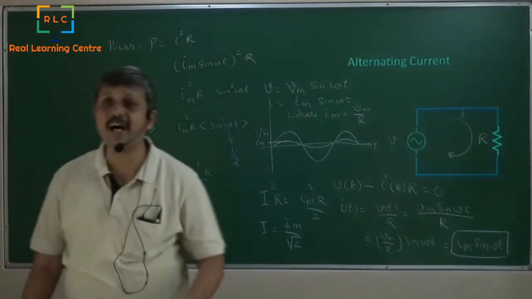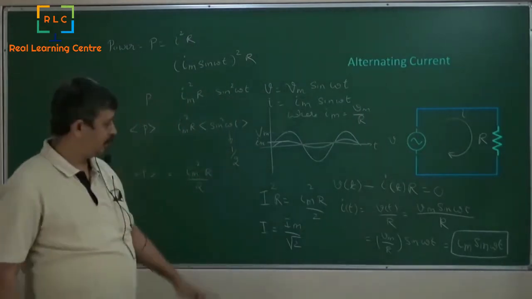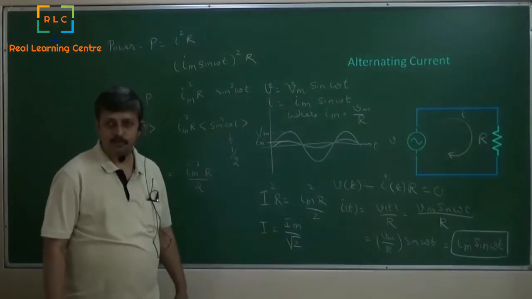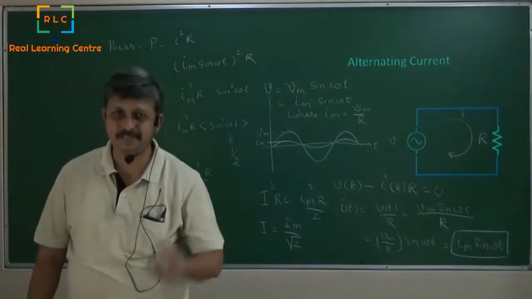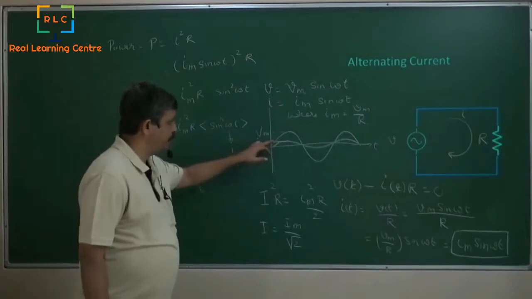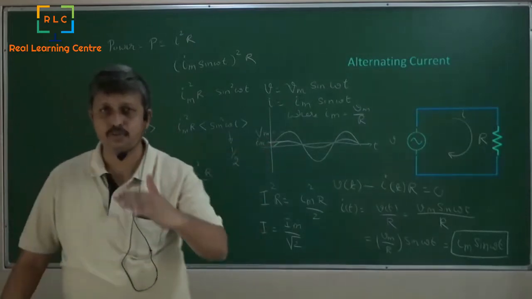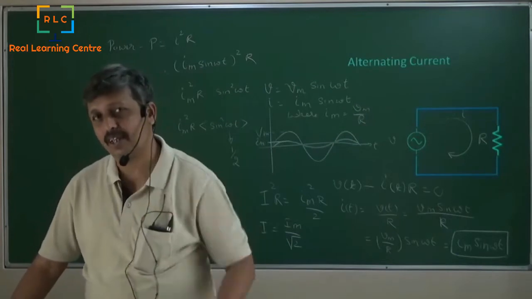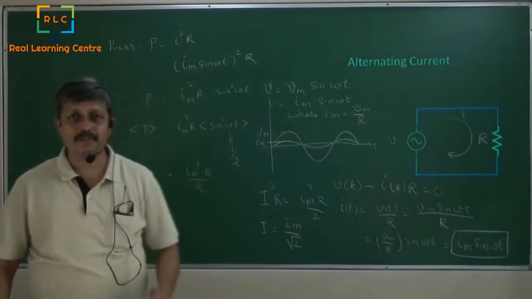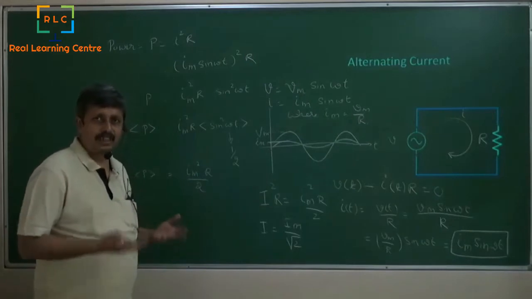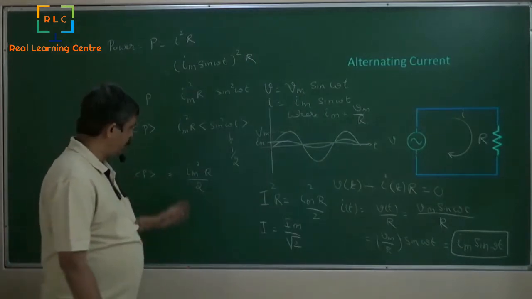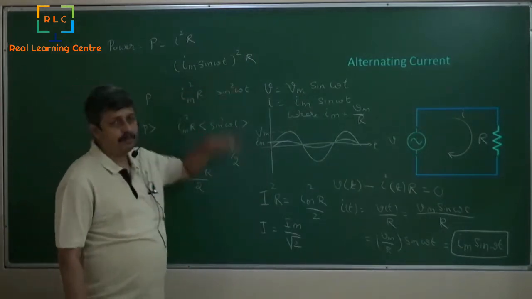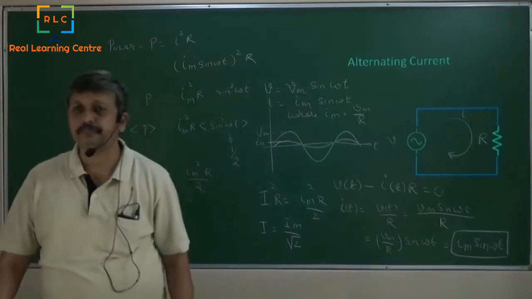That means if you pass a current equal to Im by root 2, where Im is whatever value you take for the peak, through a resistor, then the power dissipation, the way it gets heated up, is exactly the same as when a full wave is passed through that.